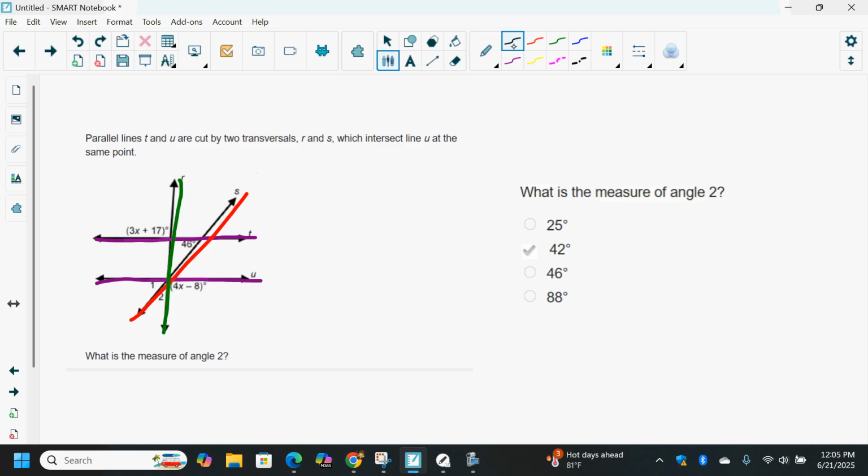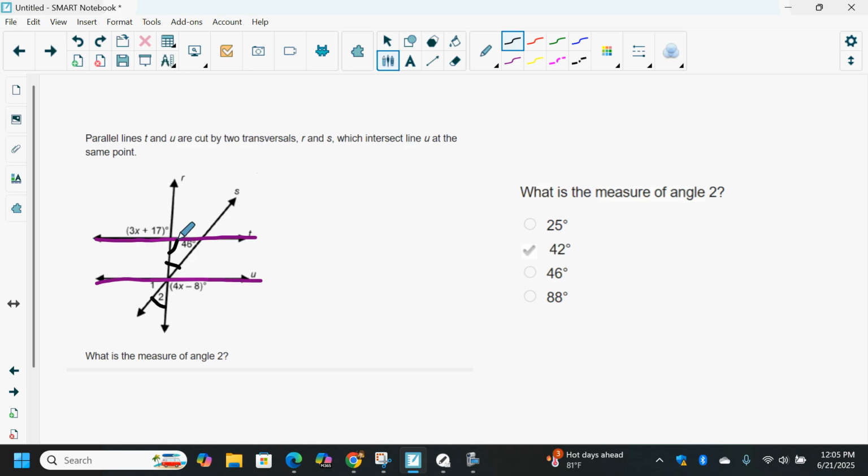So angle 2, you can see it a little closer. Based on this, angle 2 is vertical to this angle here, and so is this one.